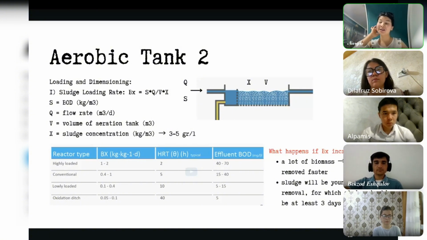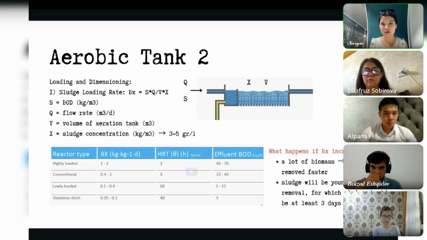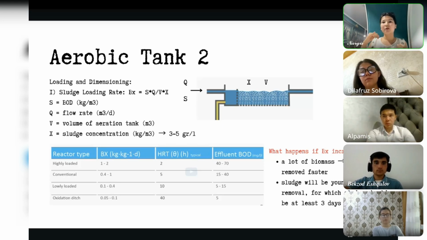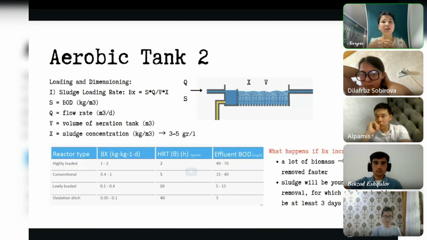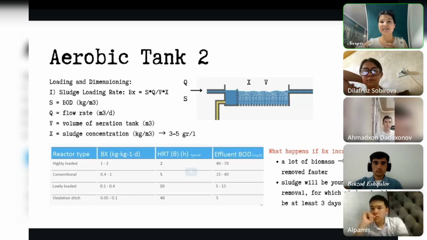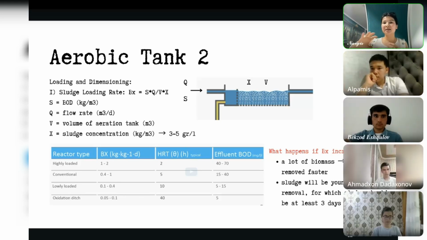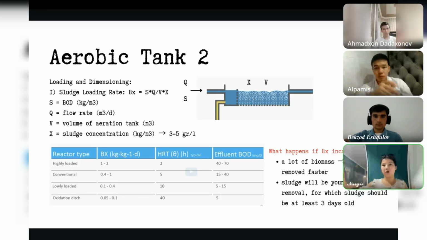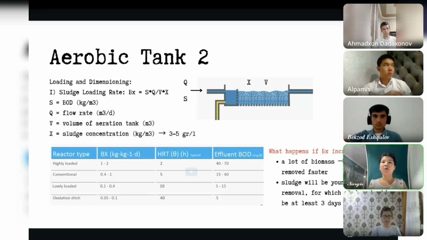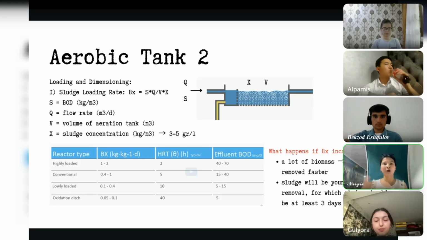We don't literally throw it away, but we remove a lot of bacteria from our aeration tank. Let's say the parent bacteria divided into 2 and the child bacteria has been created. In a conventional aeration tank, the child bacteria will live 5, 6, 7 days until we throw it away. But if there are a lot of bacteria in our aeration tank, we will throw that bacteria away after 1 or 2 days.